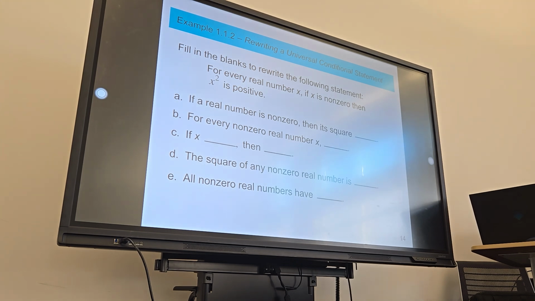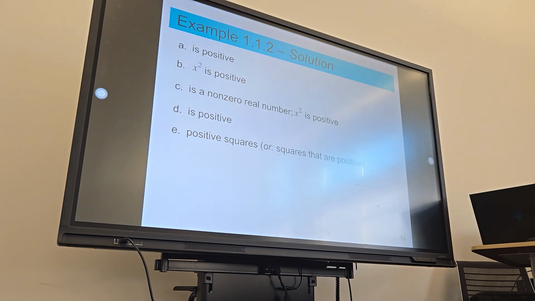If x does not equal 0, then x squared is greater than 0. And so forth. Just different ways of expressing the same thing. But we'll get into later on how to express these types of statements mathematically with mathematical symbols and that sort of thing. But these are the solutions to the example.